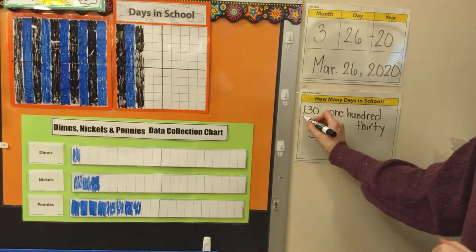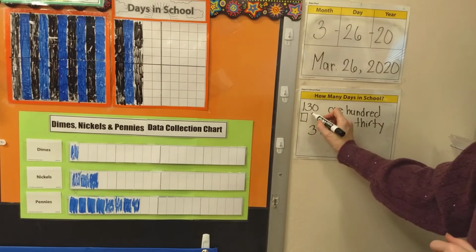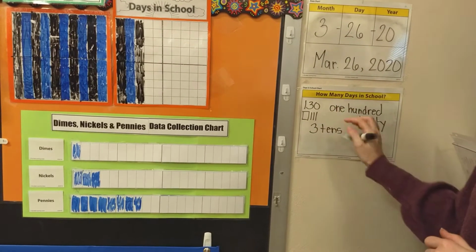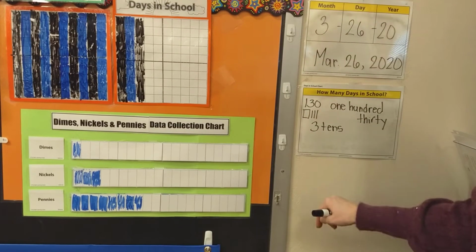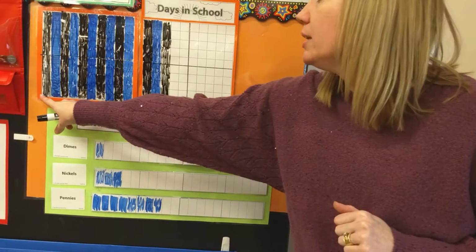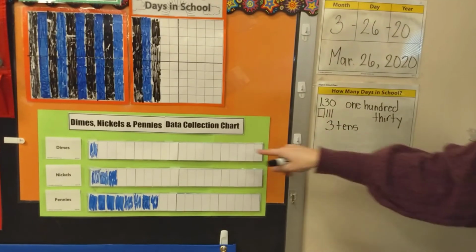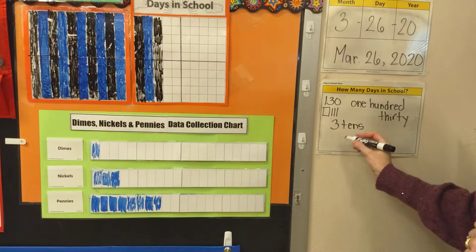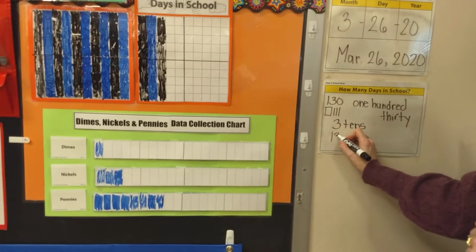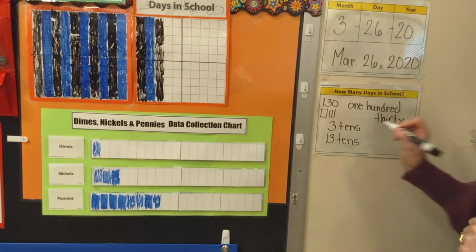If we draw our proof picture, we do our hundreds box, 3 10 sticks, and 0 ones. I know that there are 10 tens in 100, just like right here we saw there are 10 tens in 100, plus 3 more tens also could then be 13 tens.